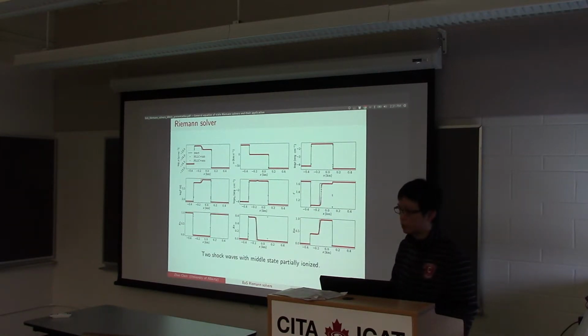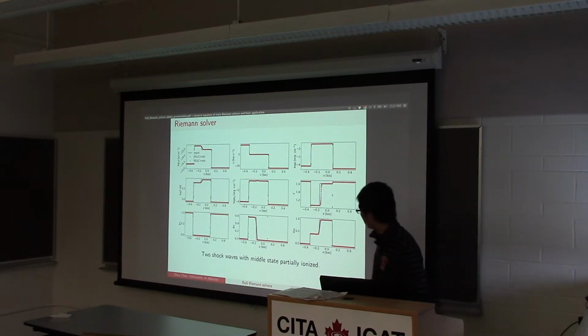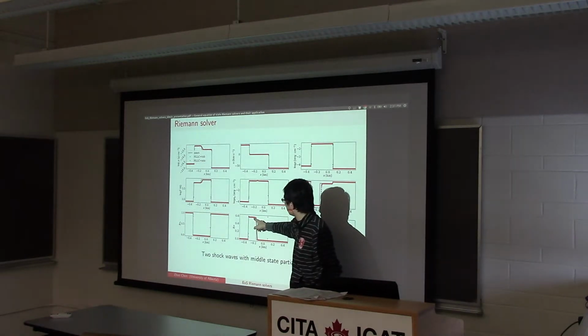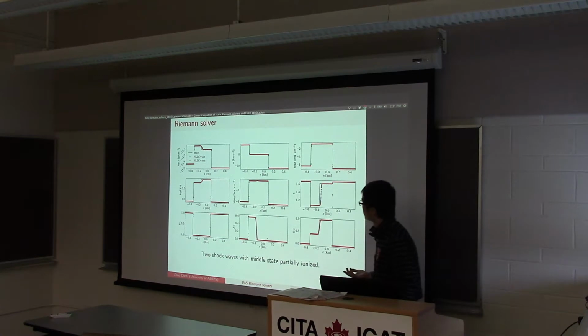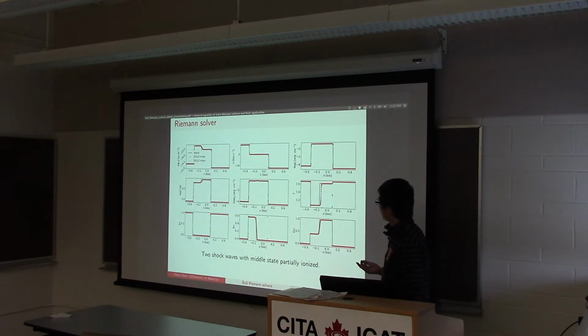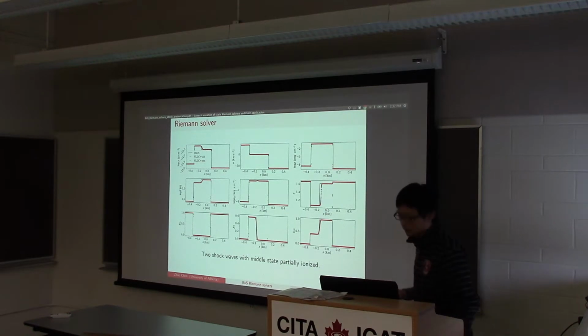And this is a two-shock test. It's partially ionized. 0.5 means almost 50%, and that's posing some questions. There is some issue in solving the partially ionized gas in the HLLC. We are still investigating that.